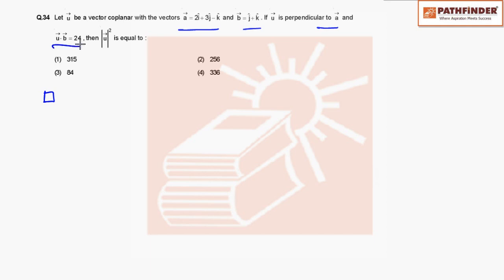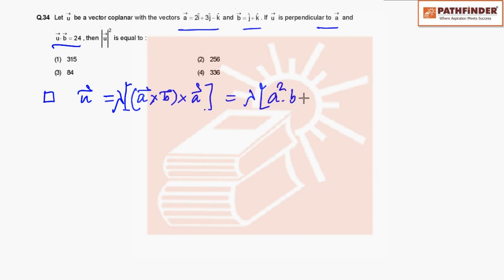That means we have to assume U as a vector which is coplanar with A and B. So it will be A cross B, which is perpendicular to both A and B. Cross A means it is perpendicular to A, and you can say it is a scalar multiple of that particular vector, it is lambda. Now if we expand this thing, then we are getting what? Lambda A square into B minus A dot B into A.